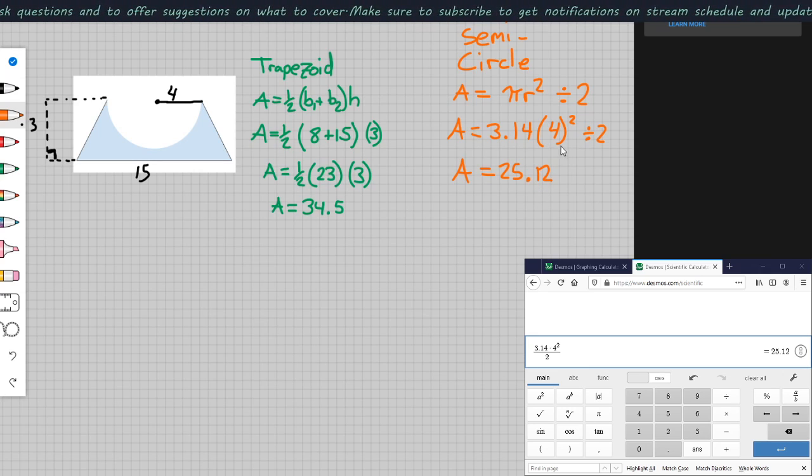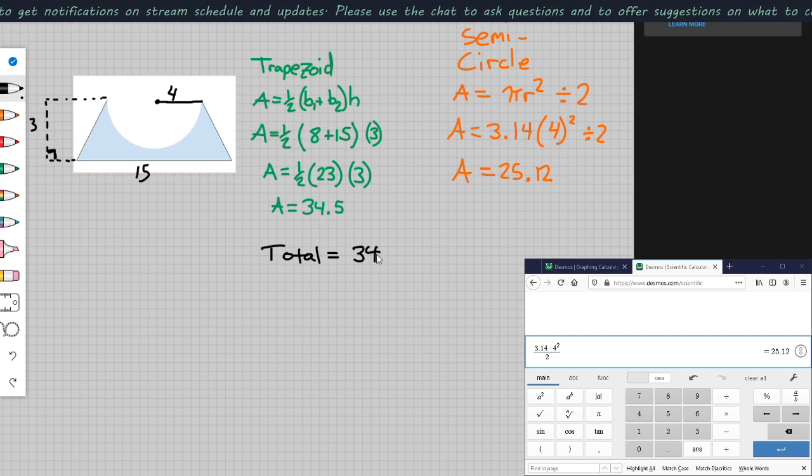Now, at this point, what are we going to do? We are going to subtract the semicircle from the trapezoid, because this semicircle is missing. It's gone. So we're going to do the total, 34.5 minus 25.12.